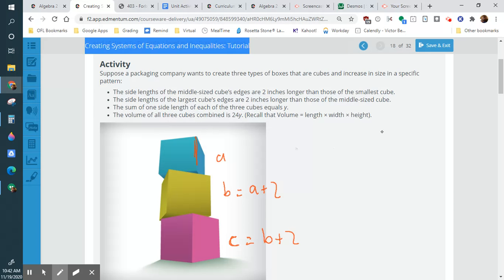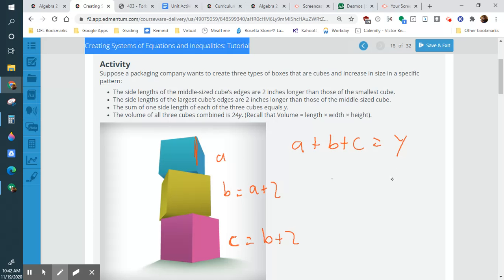Oh, okay, so that's A plus B plus C equals Y. All right. The volume of the cubes combined is 24 times Y. Length times width times height, 24 times Y.